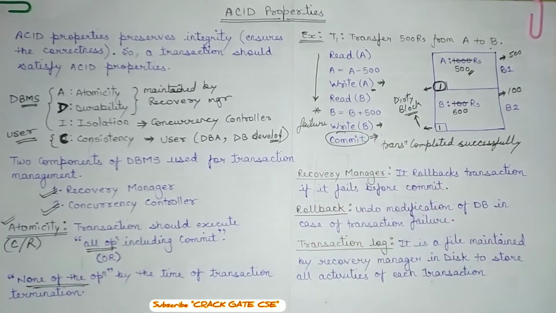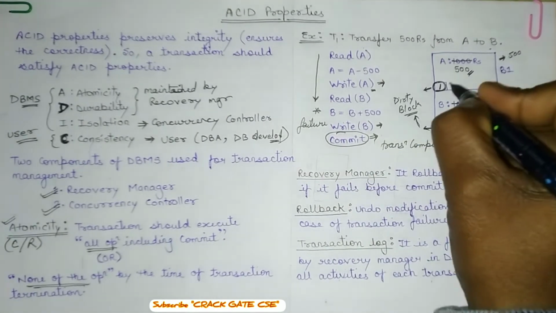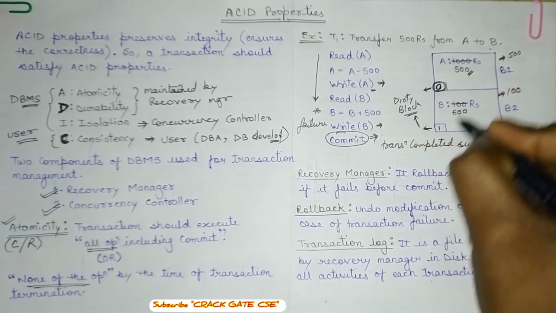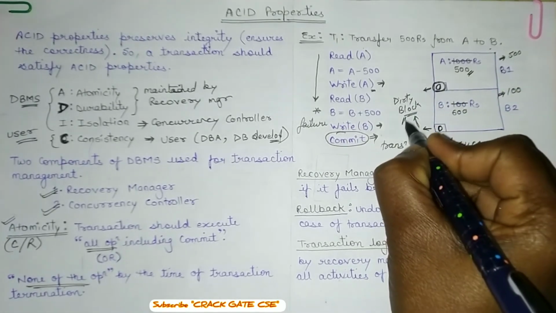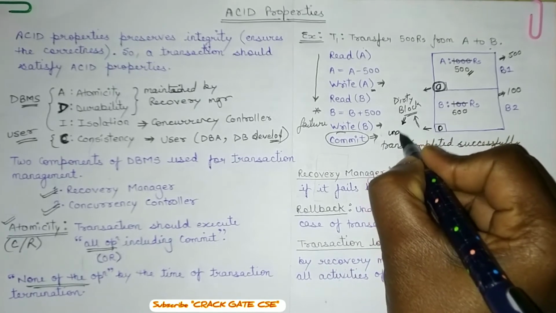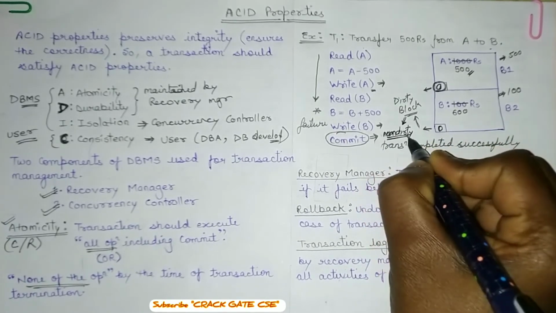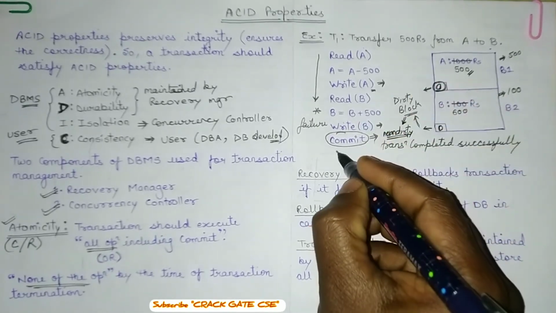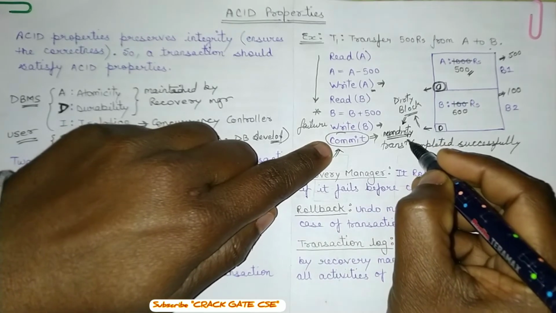Once the commit is there, this dirty block will be changed to 0. The flag will be changed to 0 and updated as a non-dirty block. So this dirty block will be changed to a non-dirty block if the commit is there.